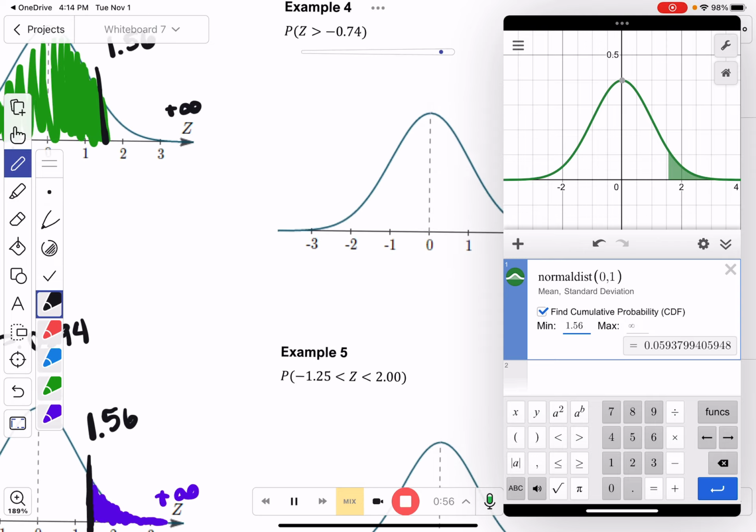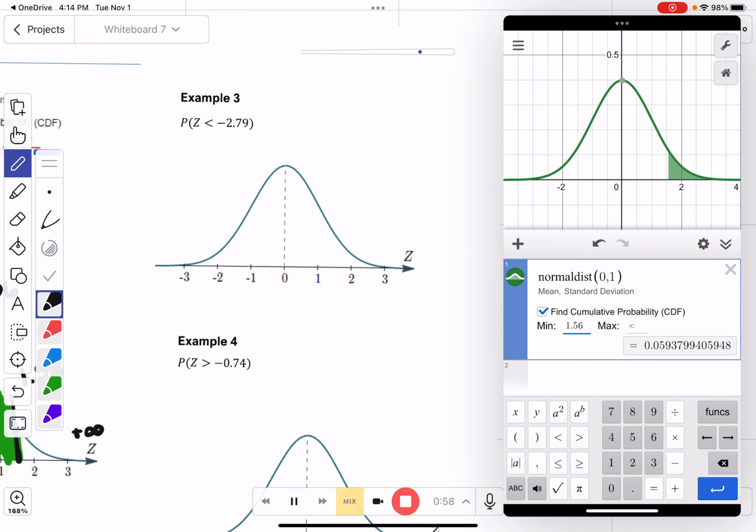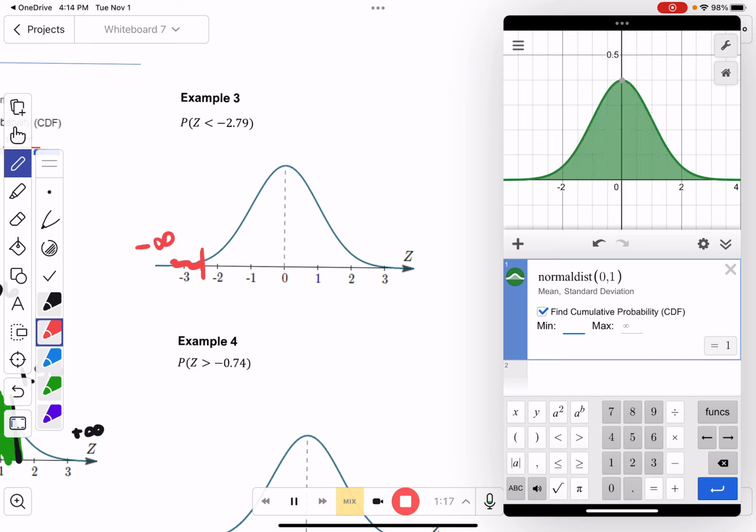So let's look at example 3. Z is less than negative 2.79. Again, 2.79 is somewhere out here, and you can tell that if it's less than, it's going to be a very small area right here. This goes on forever, so our lower here is just negative infinity, and we're stopping at this value, which is negative 2.79.